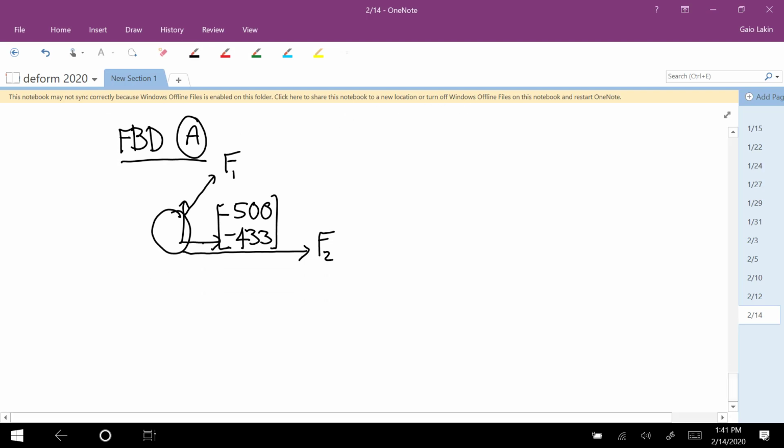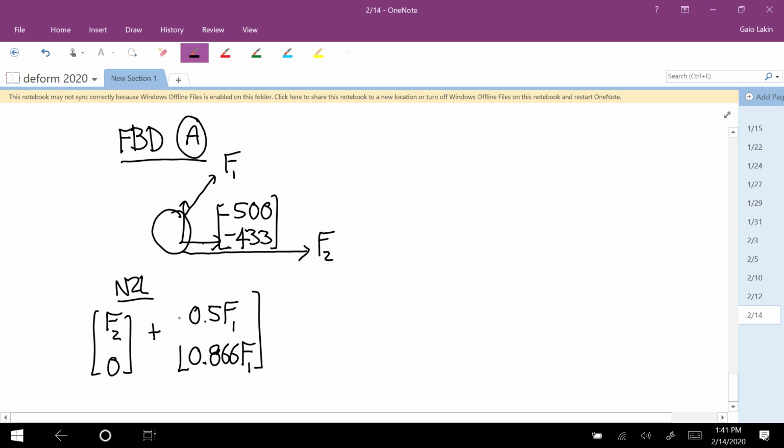So Newton's second law says F2, 0, plus this times the unit vector in that direction, which is 0.5 F1, 0.866 F1. Plus negative 500, negative 433 is equal to zeros.